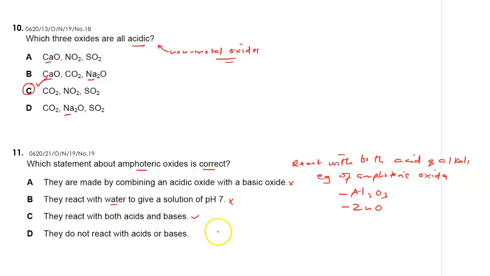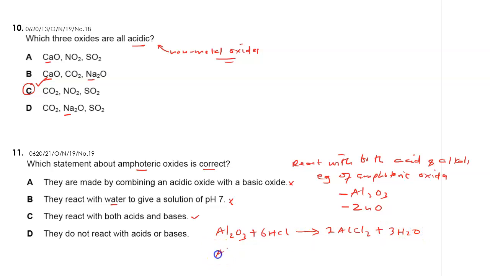Of course, I can give you an example here of aluminium oxide. It will react with HCl, and HCl is an acid. In this case now, aluminium oxide is behaving as a base, and what you get is a salt, aluminium chloride, and water.